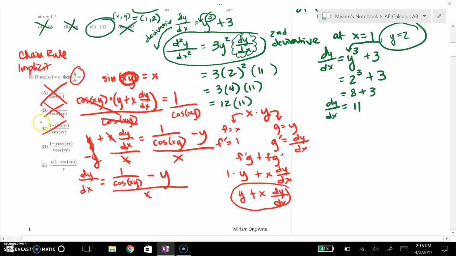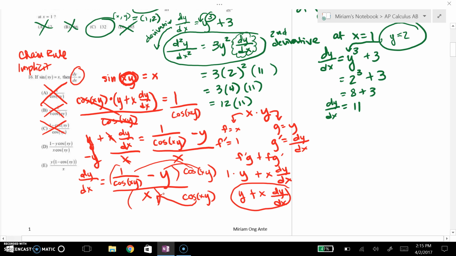C, nope. Okay, so now I'm thinking, I need to make it look like one of the multiple choice options. One thing you can do is multiply top and bottom by cosine xy, which I found right here in this denominator. So I can distribute it to top and bottom.